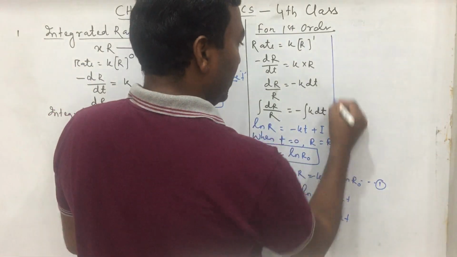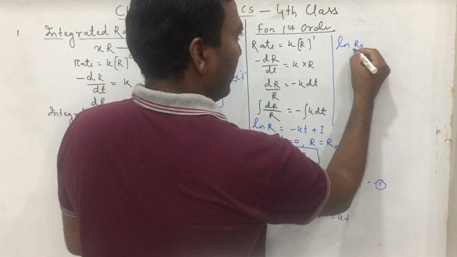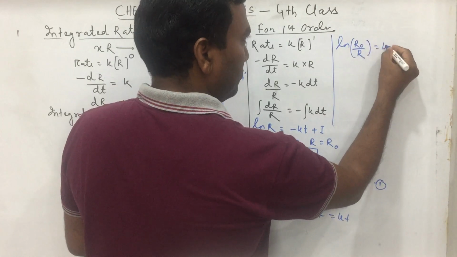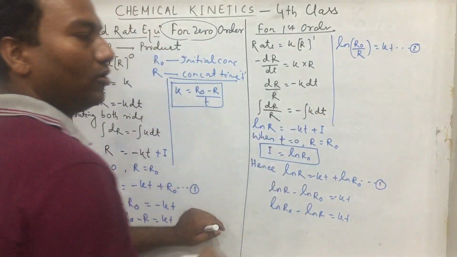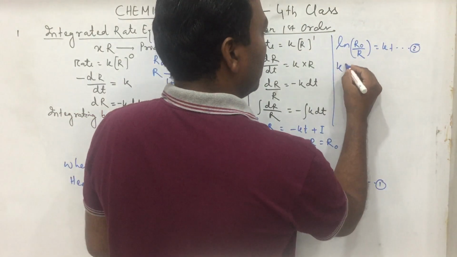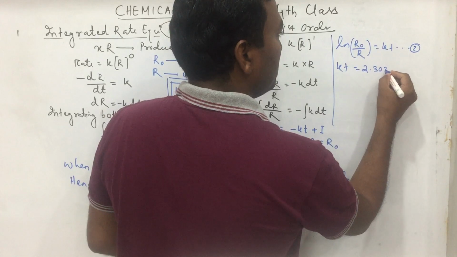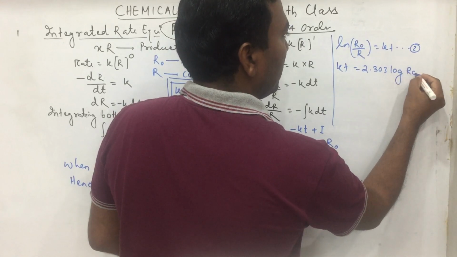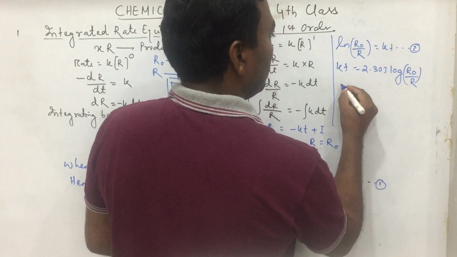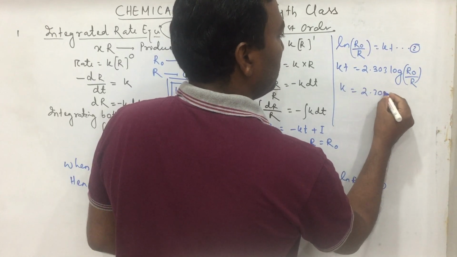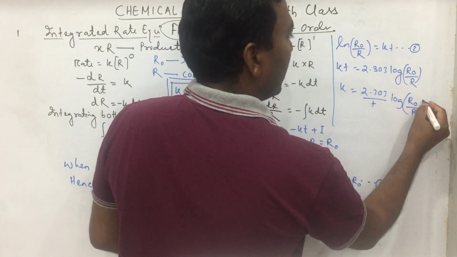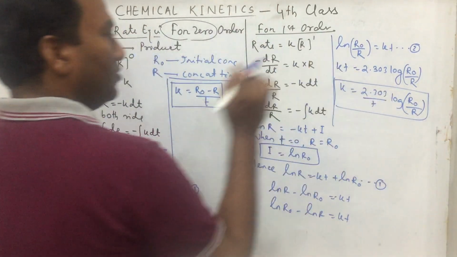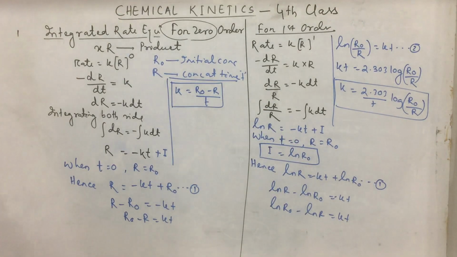So here we can write ln R naught by R equals Kt. This is suppose another equation 2. Convert into log form. So we can write Kt equals 2.303 log R naught by R, or K equals 2.303 divided by t log R naught by R.